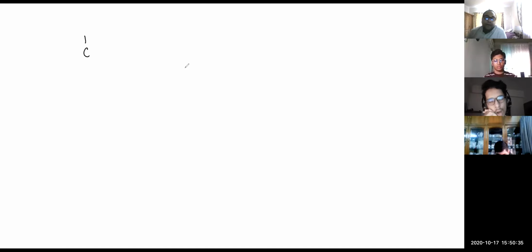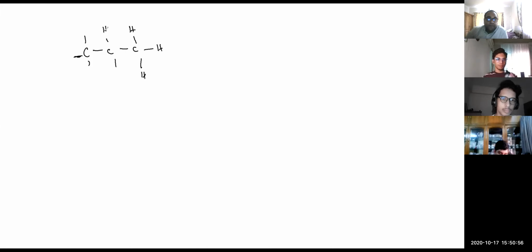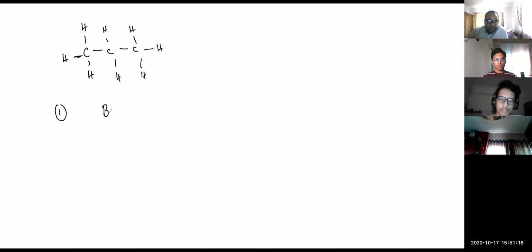Okay. So this is propane. This is our starting compound. So the first step is, let's take bromine. Bromine has electrons which are being shared.